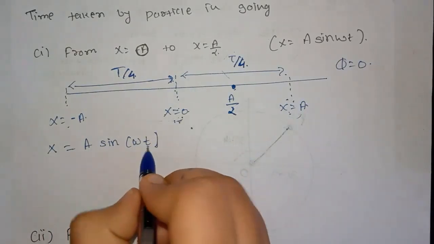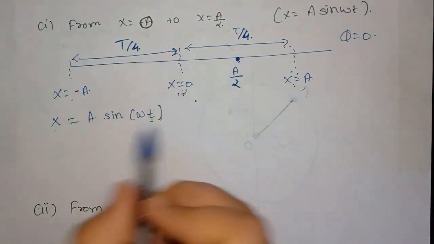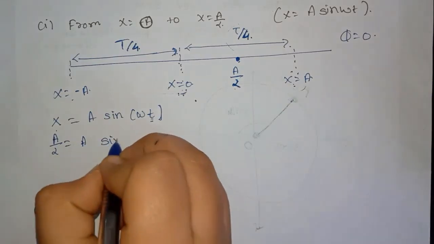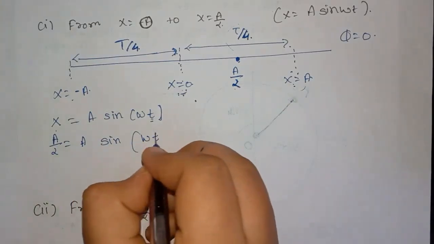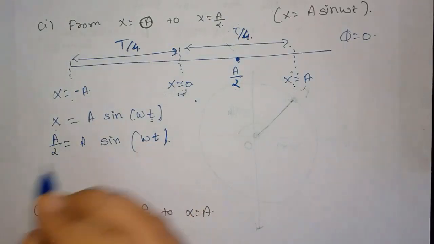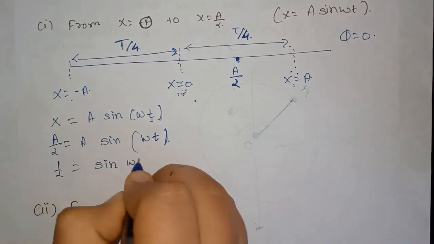We want to find the time t where the position is A by 2. So we can write A by 2 equals A sine of omega t. This A will get cancelled out, so half equals sine of omega t.